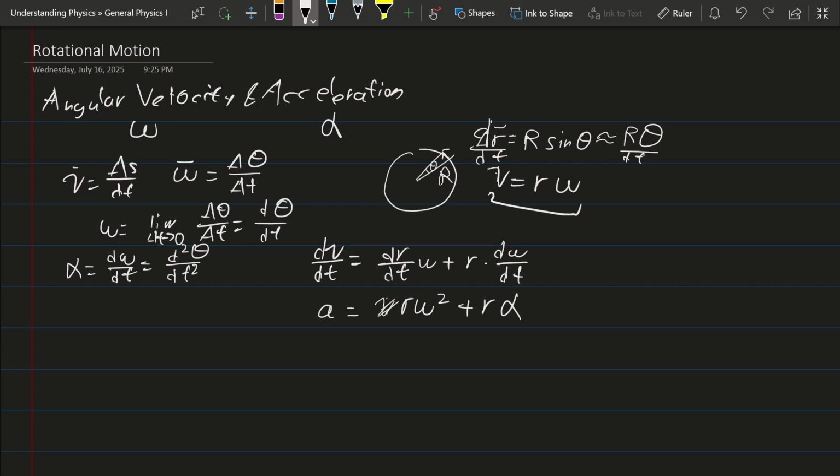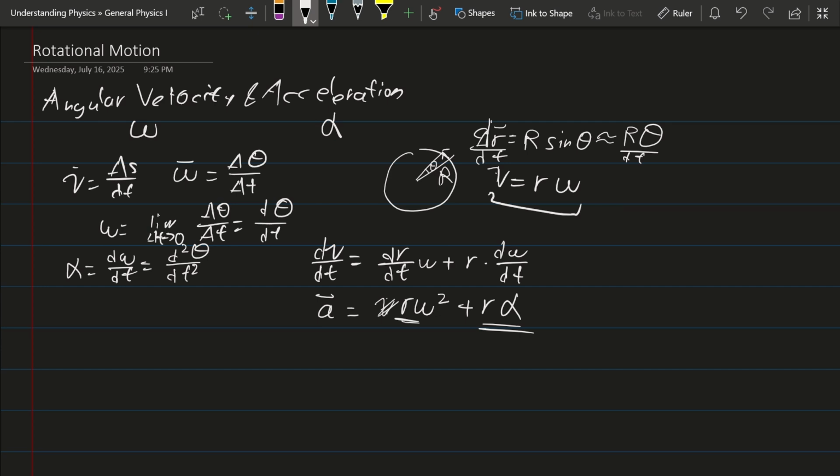So in here, you could see that there are two different components when you try to figure out the total acceleration. Well, technically, this is a vector. So if you actually want to do a much more detailed analysis, you would later figure out that this vector and this vector will be perpendicular to each other.